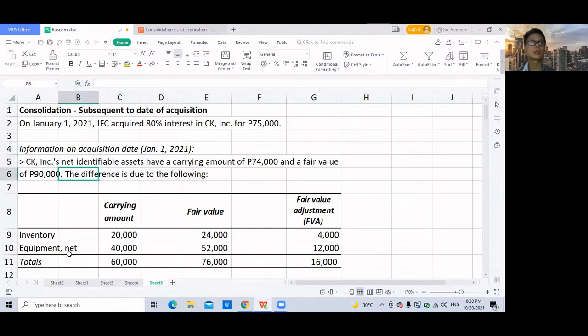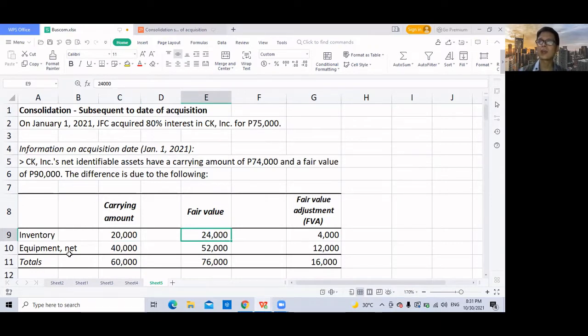Okay, now, as we can see here dito, yung carrying amount on January 1, ito yung mga some of the accounts ni CK. Okay, so ito yung inventory. Inventory niya is 20,000 pero yung fair value niya is 24,000. So meron tayong mamayang adjustment, no?